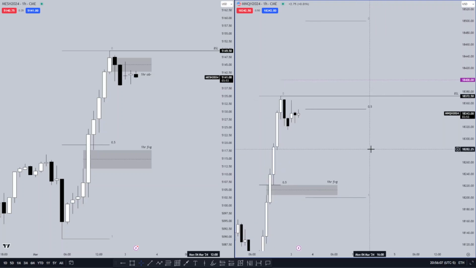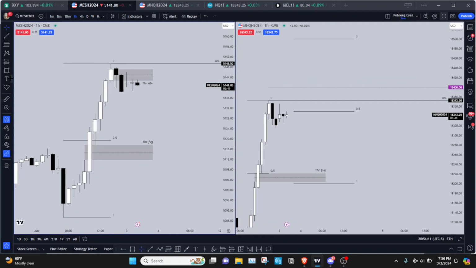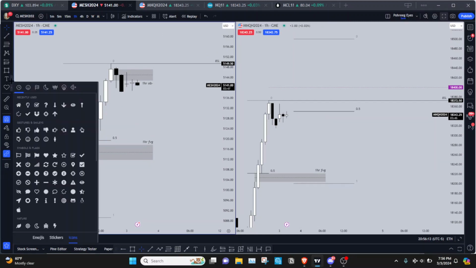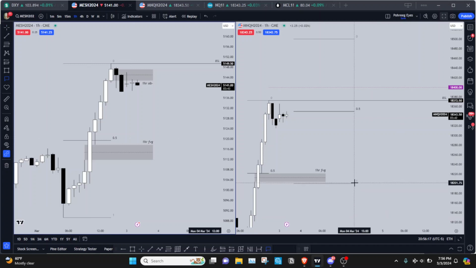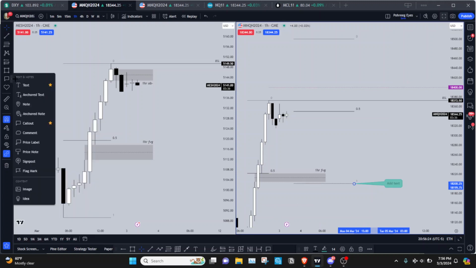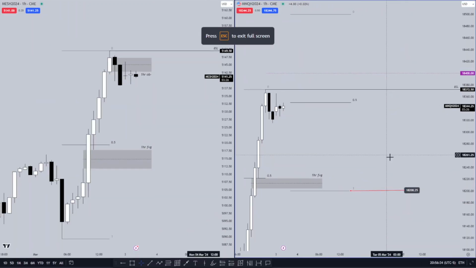So let me actually journal this. Price notes. I like price notes better.